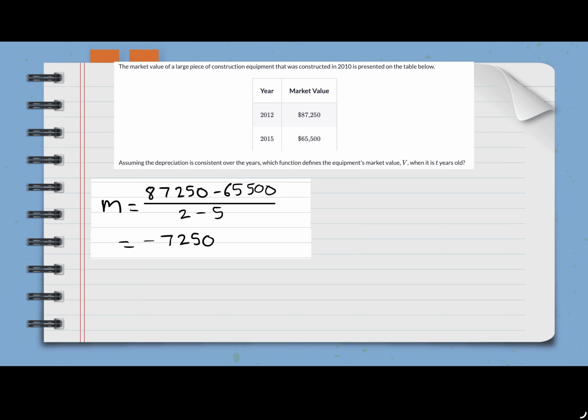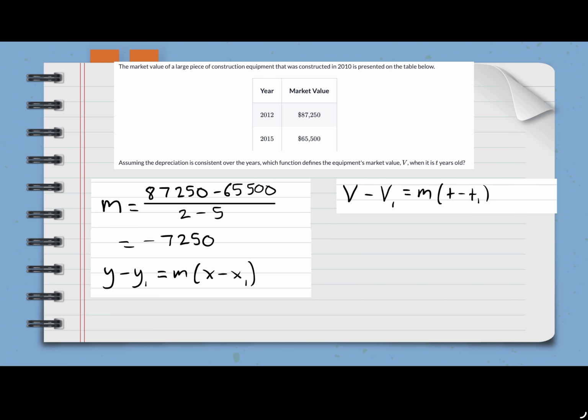And it is easier to work in point slope form this time, simply because we have two initial points, but we don't know what y equals, and we don't know the y-intercept. So it's easier just to work in point slope form and figure it out from there.